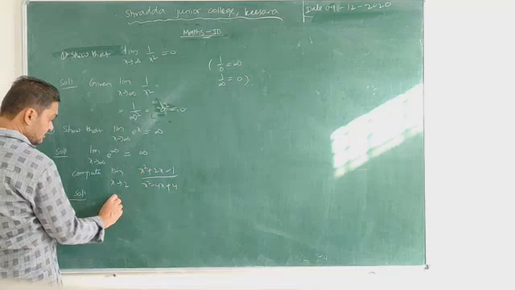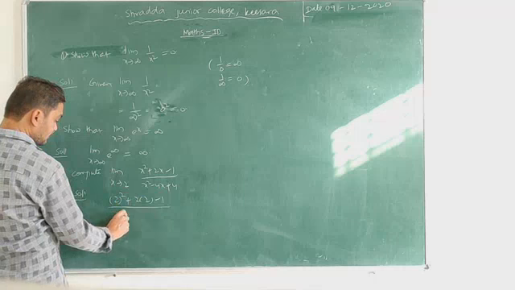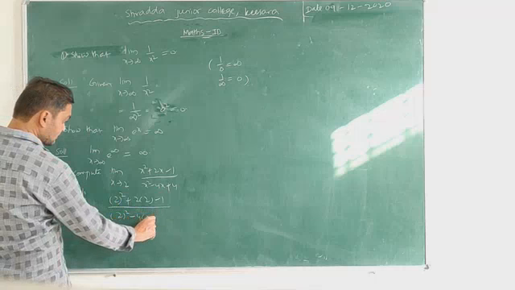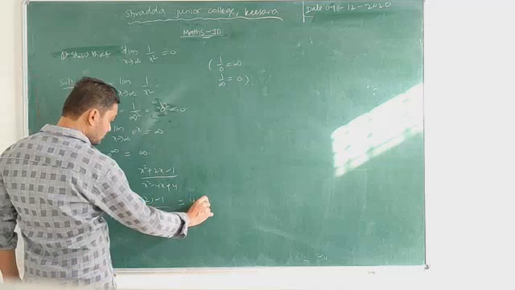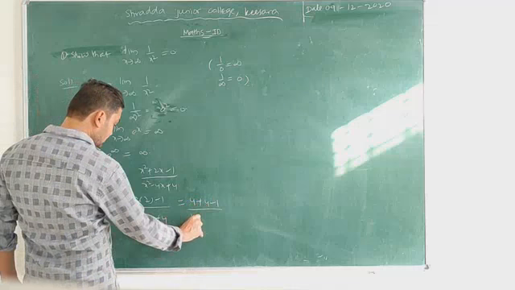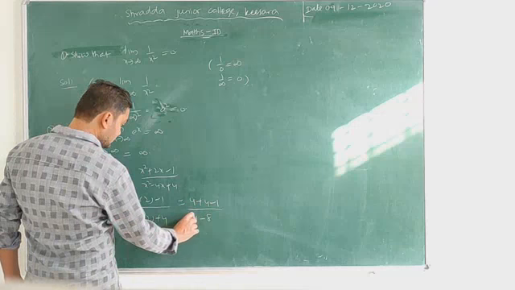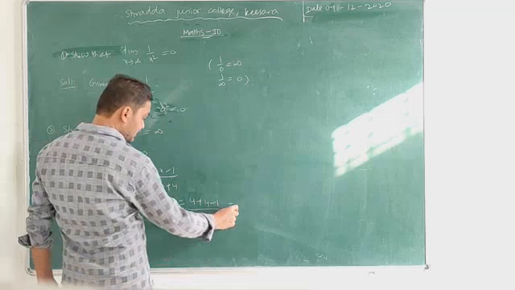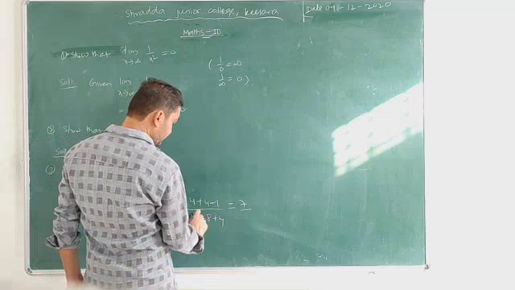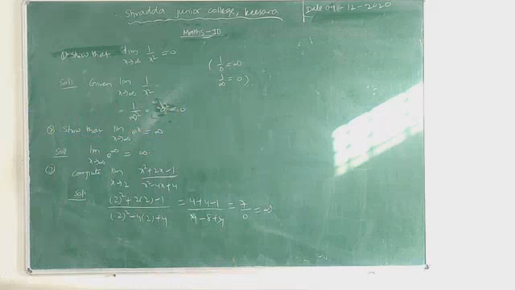Now 2 square plus 2 into 2 minus 1 by 2 square minus 4 into 2 plus 4. This is equal to 4 plus 4 minus 1, by 4 minus 8 plus 4. Now here 8 minus 1 is 7, by 0. Something by 0 equals infinity, we are taking.